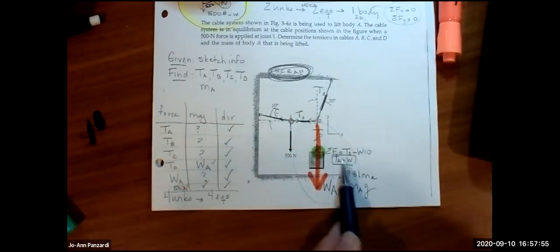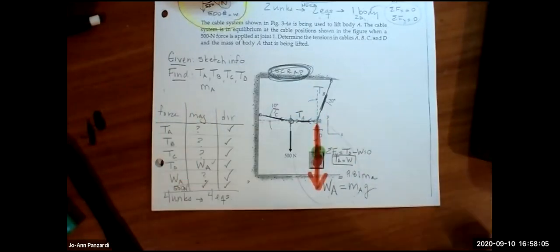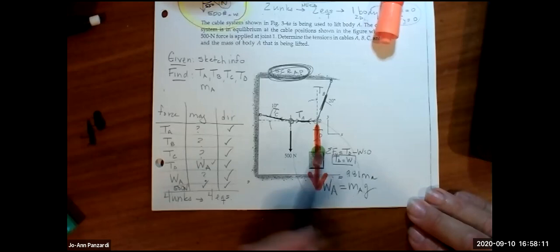You guys from physics already know that this cable is equal to this weight. There's no need for us to do that equation. We know that the load of this block is being transferred to this cable, and TD is equal to the weight of A. So I'm skipping this 5th equation.